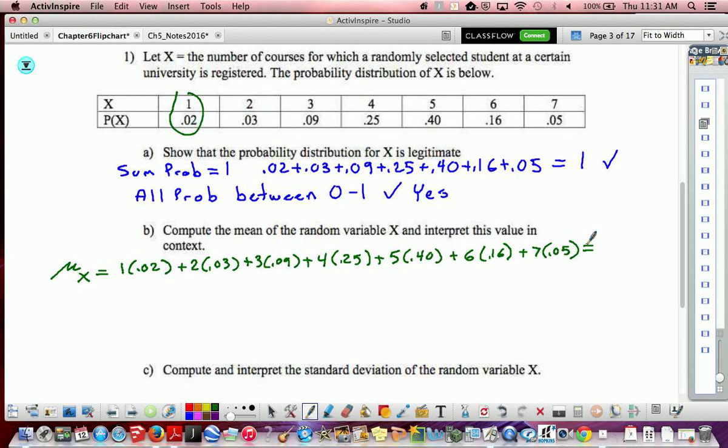So I know some of you are saying, that's a long one to calculate out. I agree with you, it takes a little bit of work. But just wait till we do the variance.